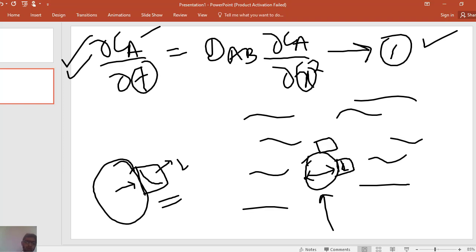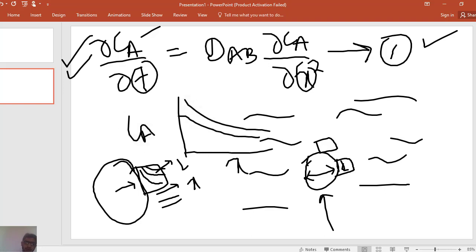Suppose x is the position, and this is the time. With the passage of time, this is the x position, this is the concentration. So concentration is a function of time and position.